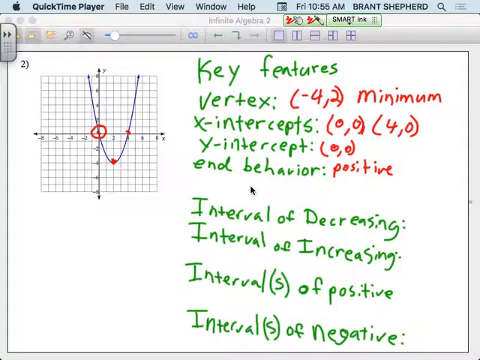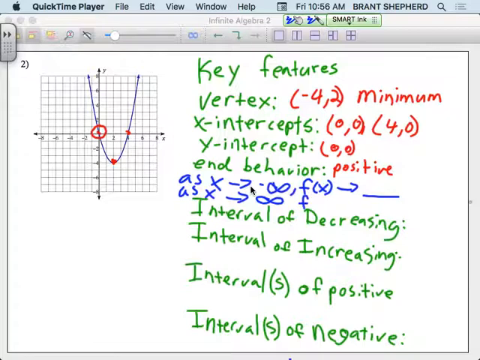If I'm given end behavior this way, as x approaches negative infinity, f of x approaches what? And as x approaches infinity, f of x approaches what?